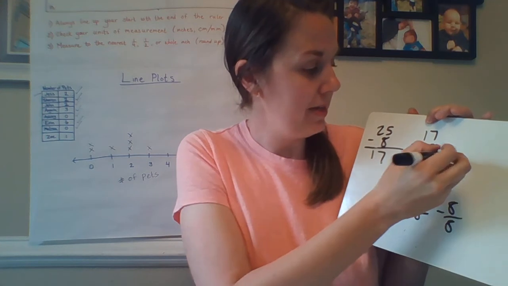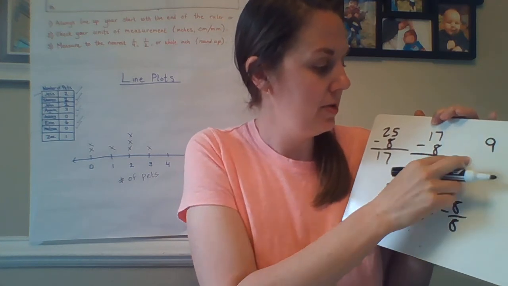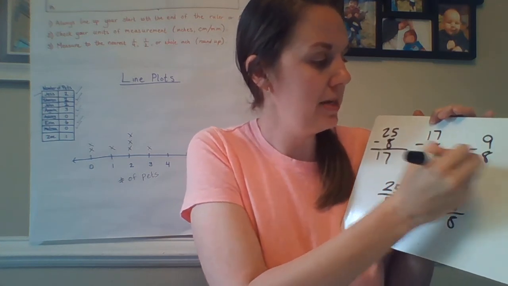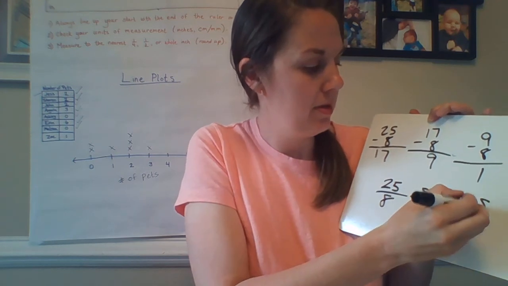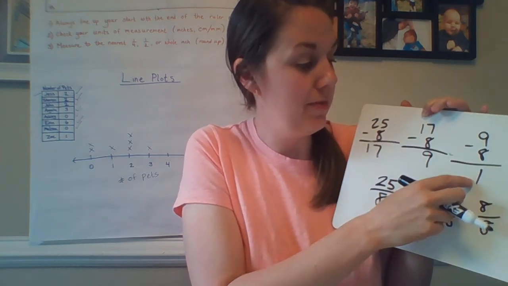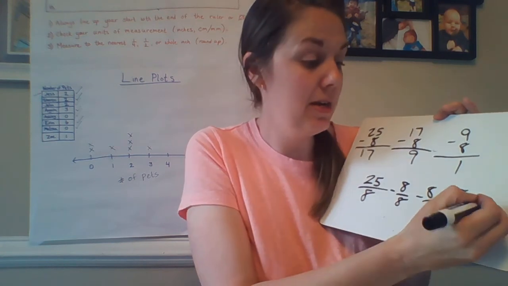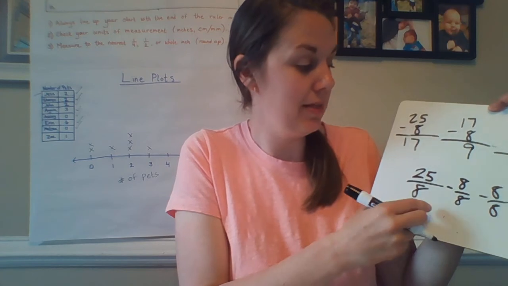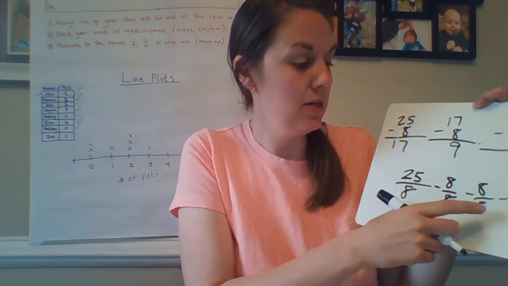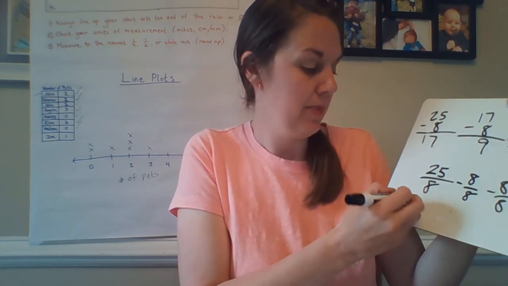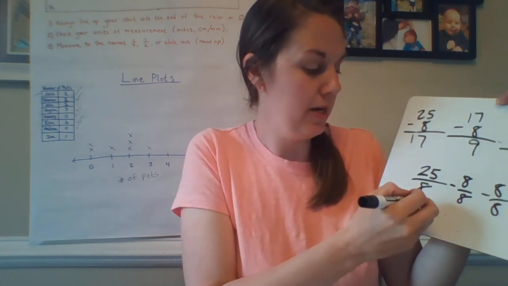I'm still not quite there, so I can still take away 1 more 8, which would give me 1/8 left over. I can't take away any more, so that would leave me with 1/8 left over. So I took away 1, 2, 3 wholes, and I have 1/8 left over.